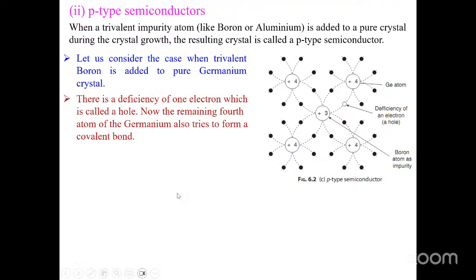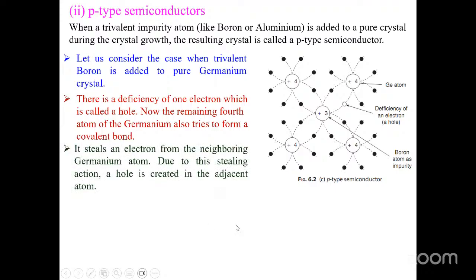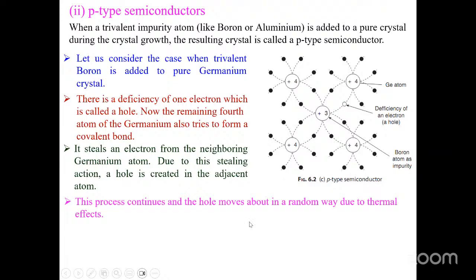There is a deficiency of 1 electron, which is called a hole. The remaining germanium atom also tries to form a covalent bond, and it steals an electron from the neighboring germanium atom. Due to this stealing action, a hole is created in the adjacent atom, and this process continues. Holes move about in a random way due to thermal effects.